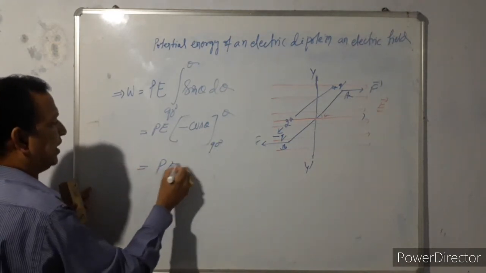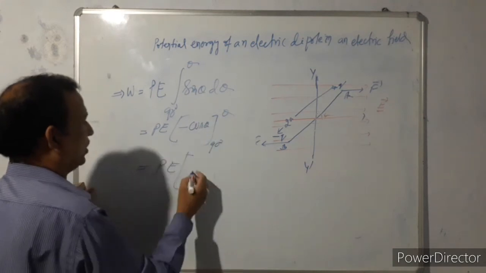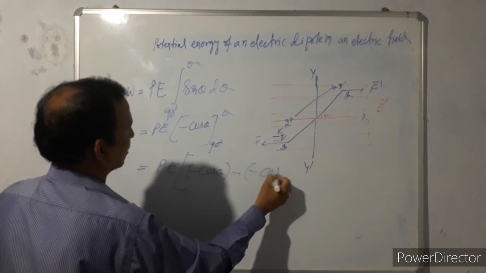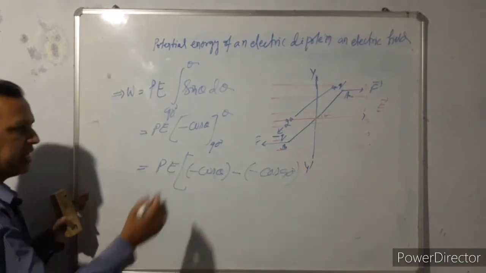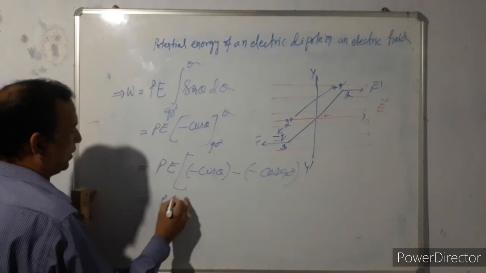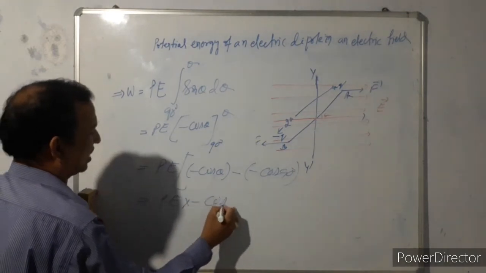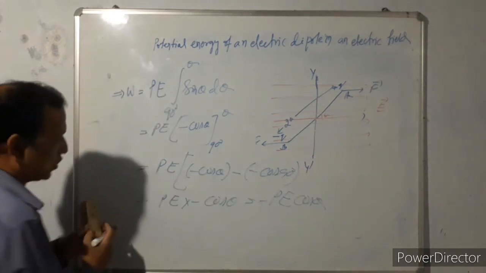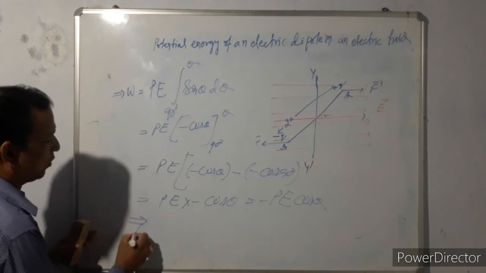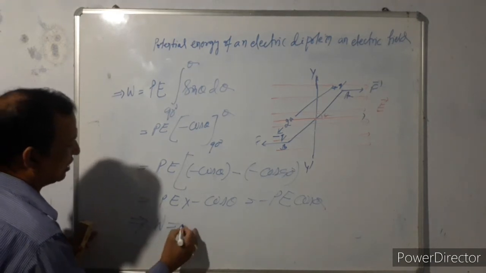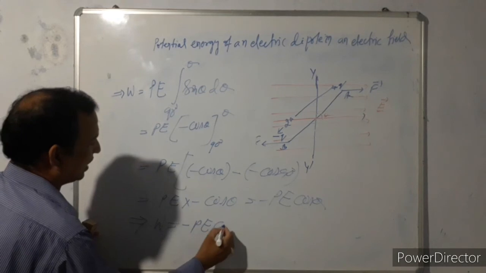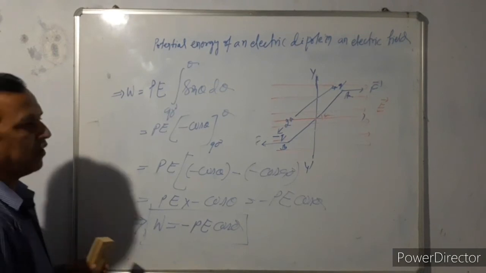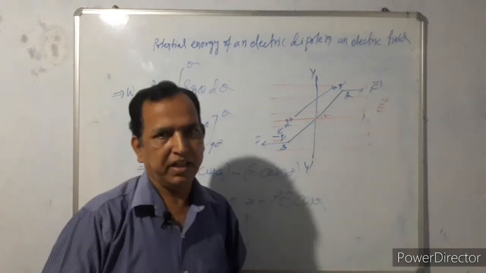That is P E, upper minus lower, minus cos theta minus of minus cos 90 degree. Cos 90 is 0, so that is equal to P E into minus cos theta, that is equal to minus P E cos theta. So total amount of work done or potential energy is equal to minus P E cos theta. This is the potential energy of an electric dipole in an electric field.